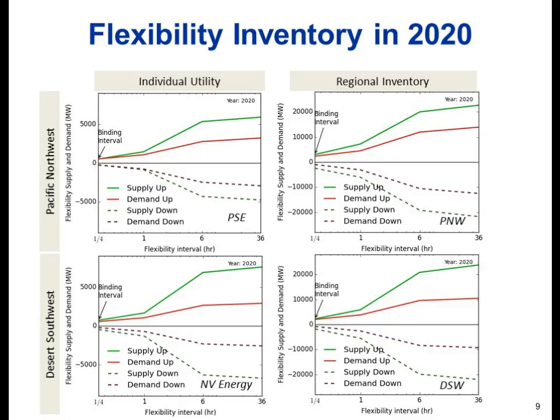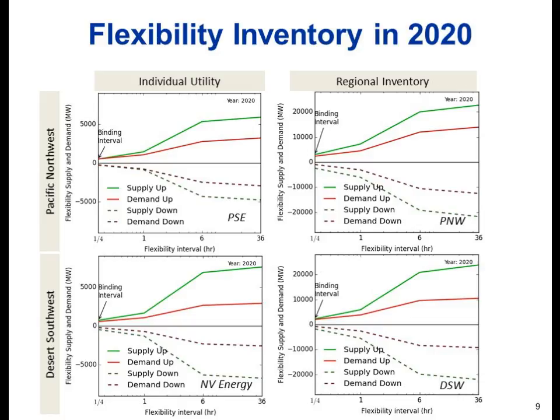So in each case, what we see is that the flexibility demand is greatest over the longer intervals of 6 to 36 hours. That's when we can expect the largest swings in demand, wind and solar, and have the hardest time forecasting it accurately. But we also have lots of time to change the output of resources over these longer time intervals, which also makes our flexibility supply in green very large over the 6 to 36 hour intervals.